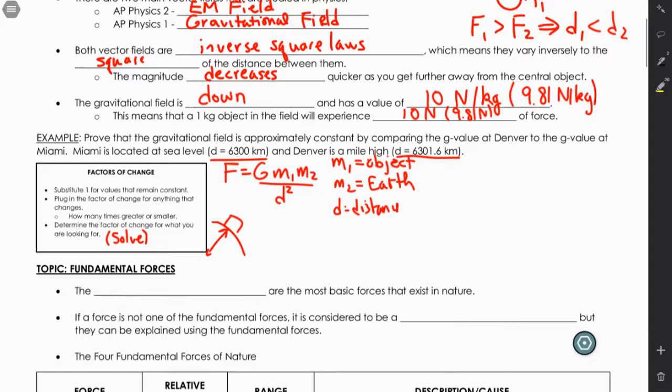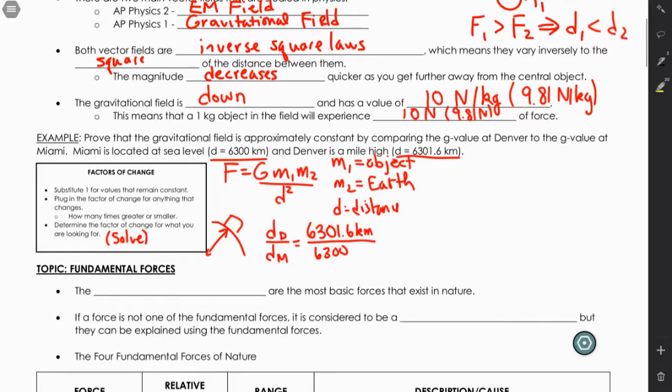So here's how it works. We're going to compare Denver to Miami and look at what is really the difference between the two. We need to find the ratio of the distance that Denver is away versus Miami. So we're going to do 6,301.6 kilometers divided by 6,300 kilometers.